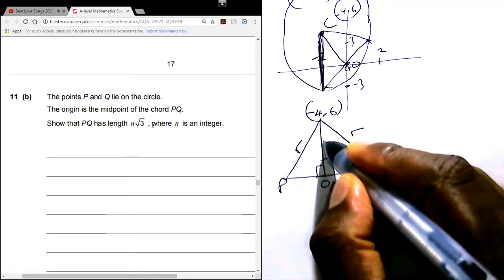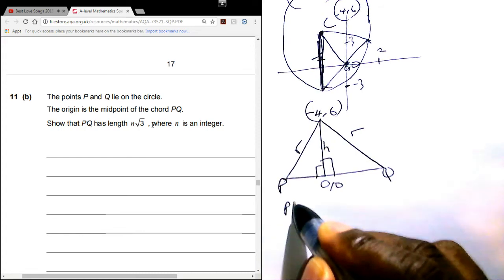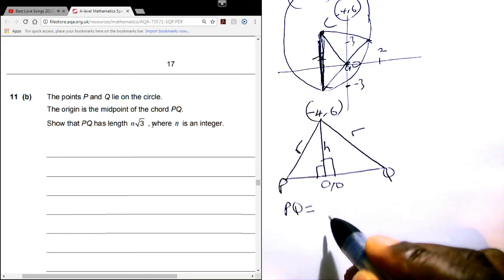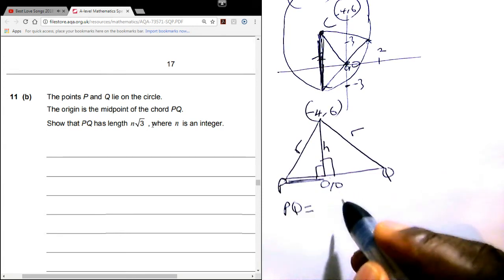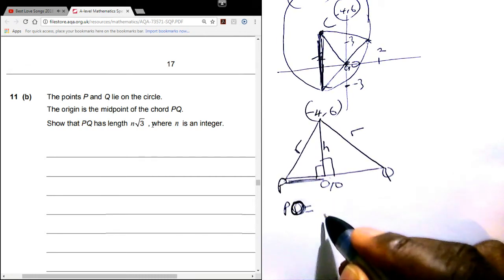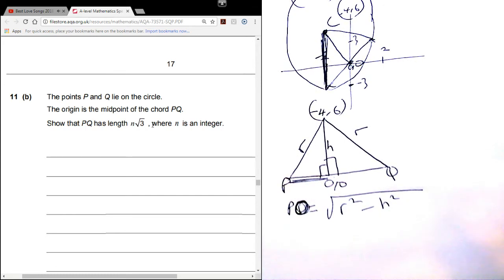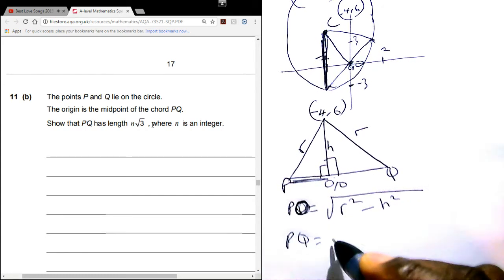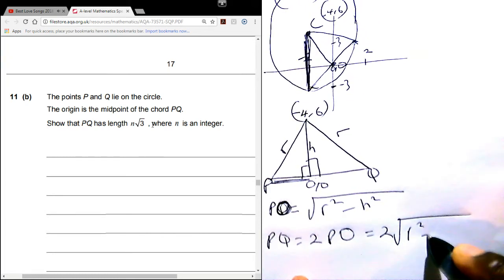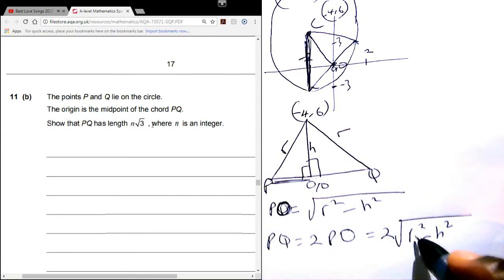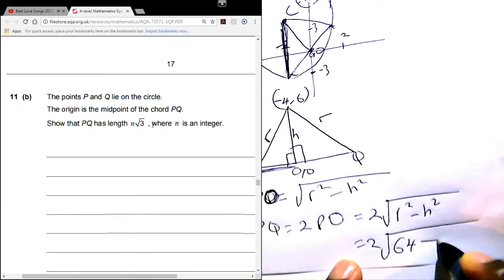Let's call the vertical height H. PO would be the square root of R squared minus H squared, and therefore PQ will be twice PO, which is twice the square root of R squared minus H squared. I know my radius is 8, so that is 2 root of 64 minus H squared.